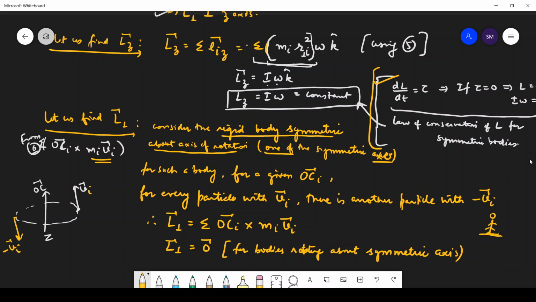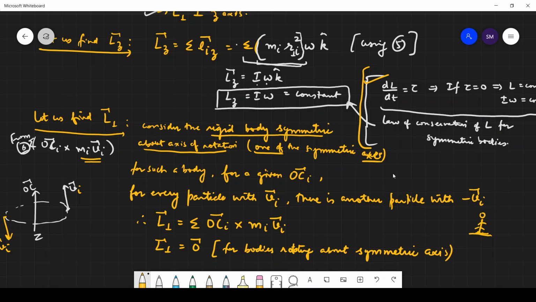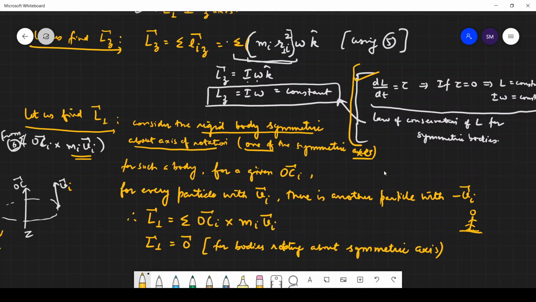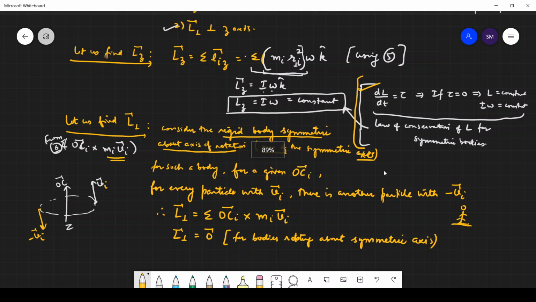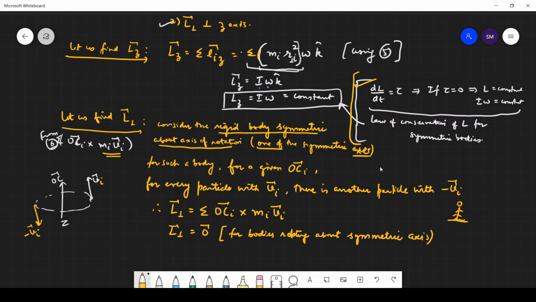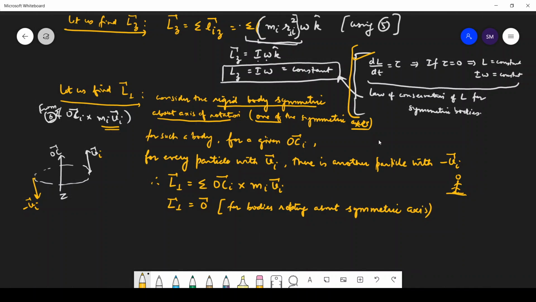Okay, so that's the concept that is important, that we are going to do. So we can consider this as equation number 7.